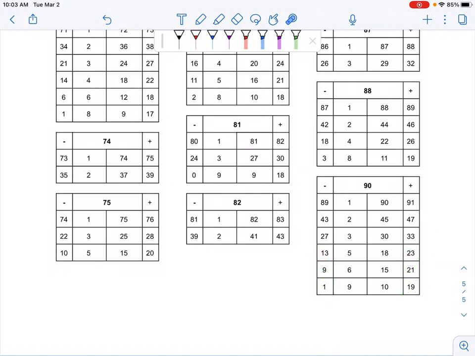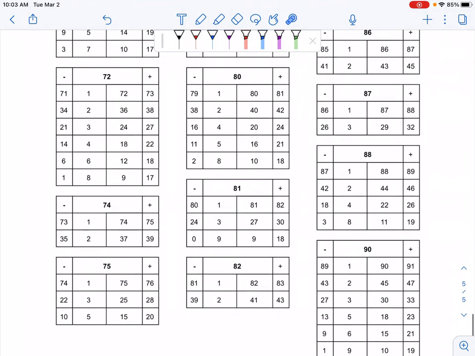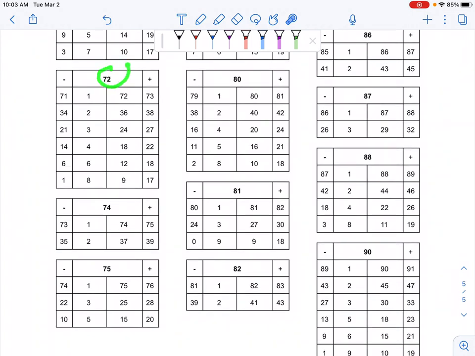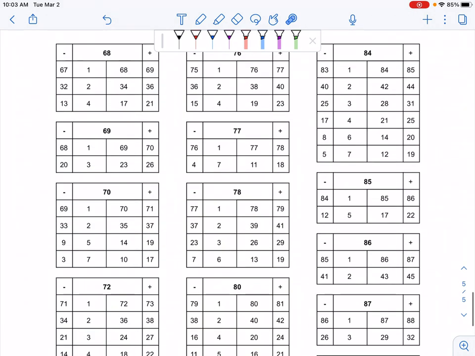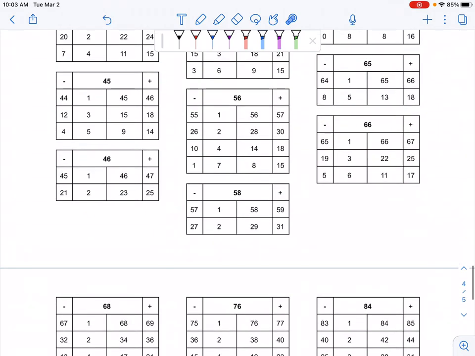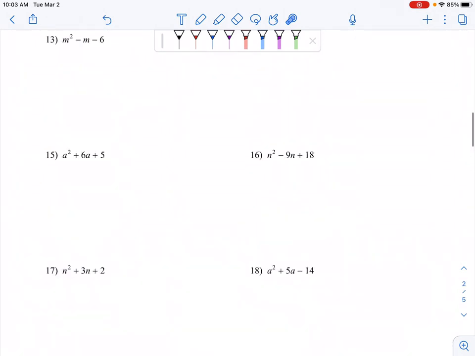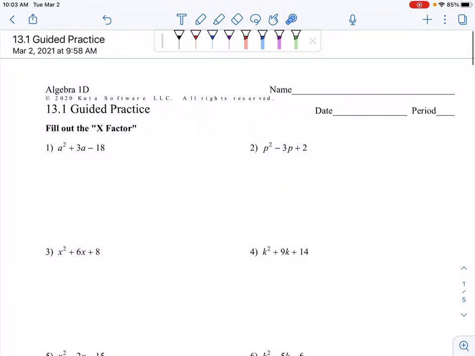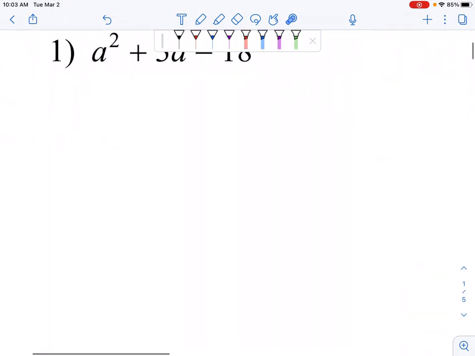If there's a number that's missing, like you see I have 72 listed and 74, but 73 is not listed, that's because it is a prime number. It does not have any factors. So 1 and that number itself are the only things that work. I'm going to jump up here and we'll start, and then I'll move back and forth so you can see how to use that chart.